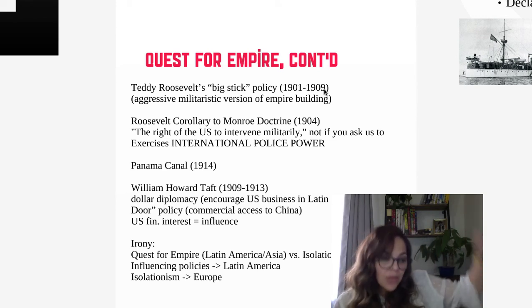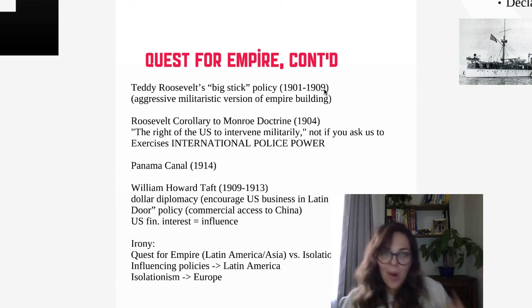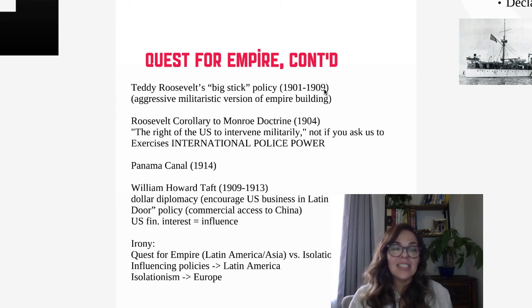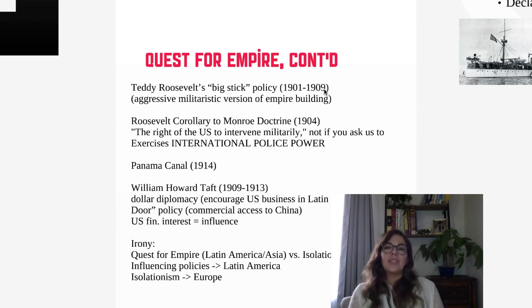Okay? Now, this is to keep them out, but also to exercise power over the Western Hemisphere. What the U.S. is essentially doing here under the Roosevelt Corollary is enacting international police powers. Okay?